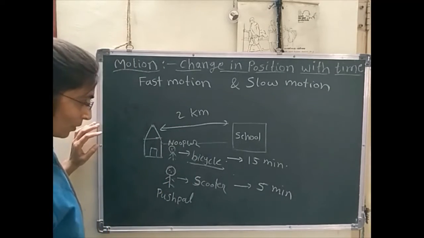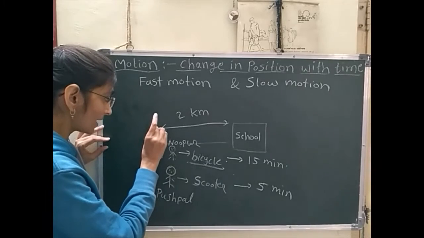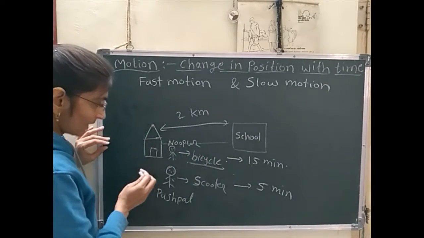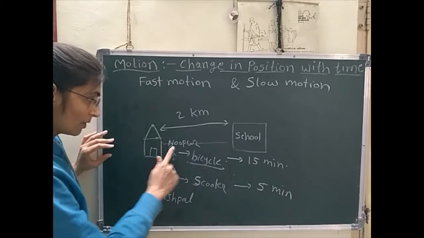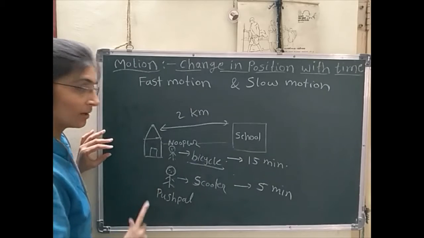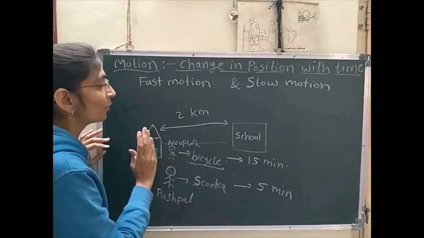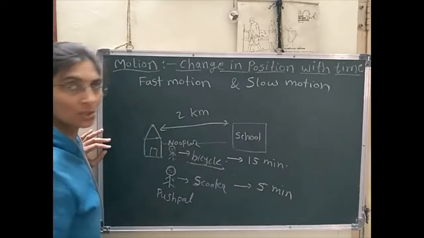So suppose I have taken one example. Suppose this is one address, this is one home, and this is one school. Two people have to reach the school, Nupur and Pushpal. They have the same home address. From that same home, they have to travel to the school.